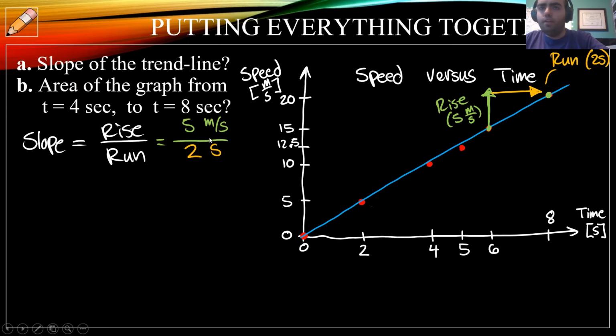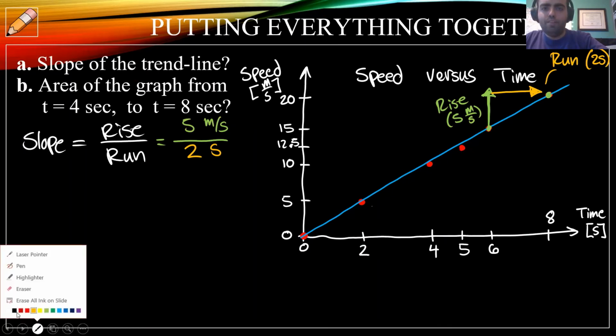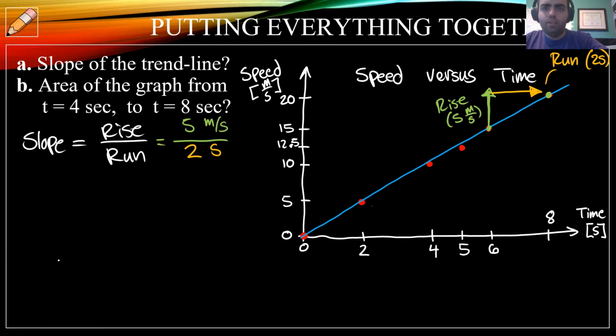And from there, I do division. 5 divided by 2 is 2.5, and then my units come out to meters per second divided by seconds. So we could say meters per second. The slope is equal to 5 divided by 2 is 2.5, and the units are meters per second per second.